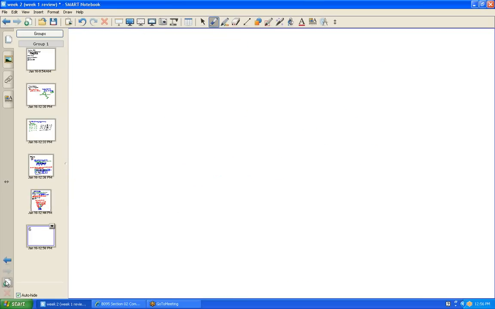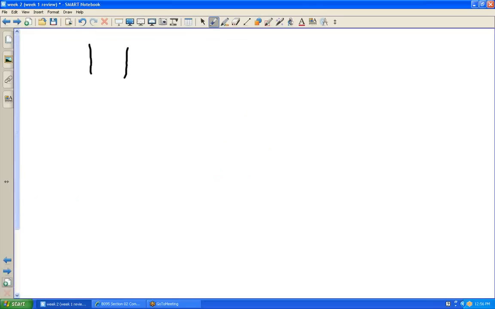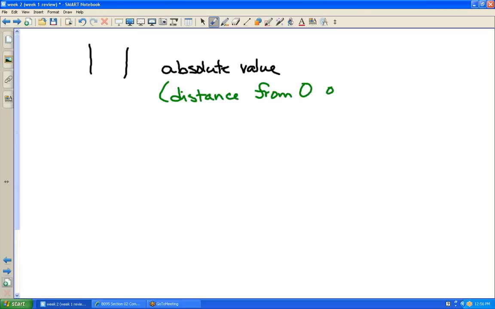And then the last thing is the absolute value. Absolute value. My way of thinking of it is distance from 0 on a number line.